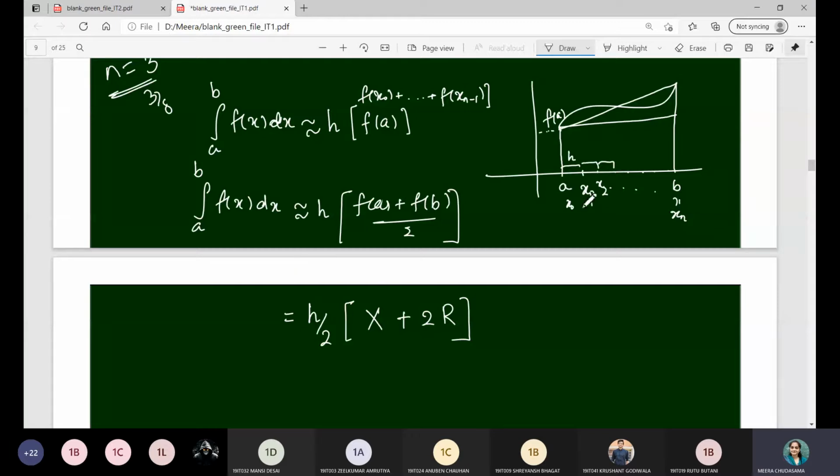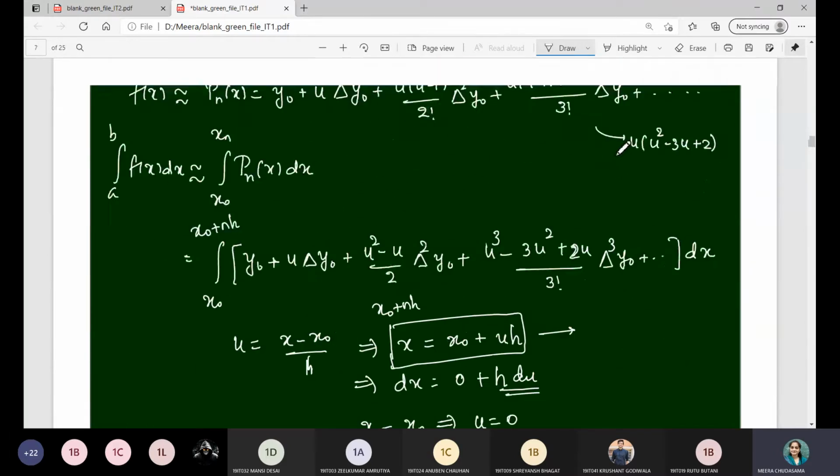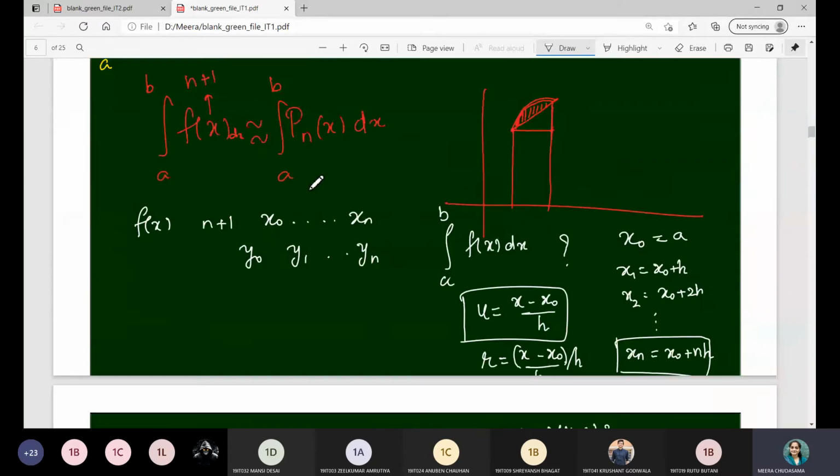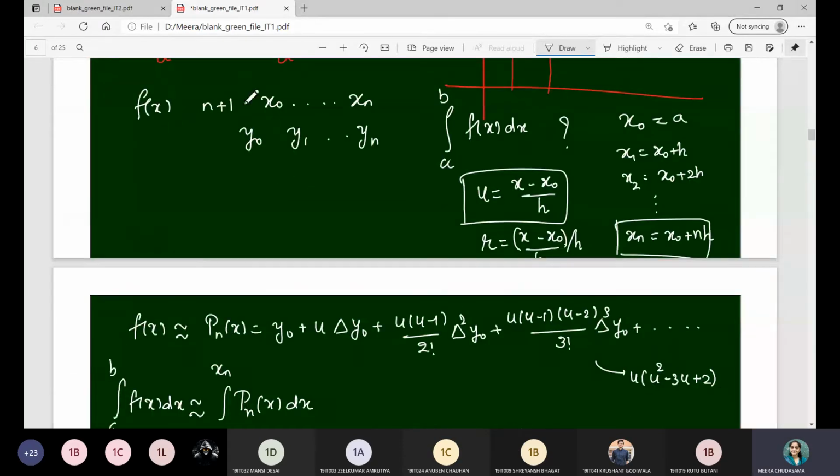After this, our next target is to approximate this function via this kind of parabola in the subintervals, right? So for that we have considered the numerical quadrature formula, that is using Newton's forward interpolation formula.